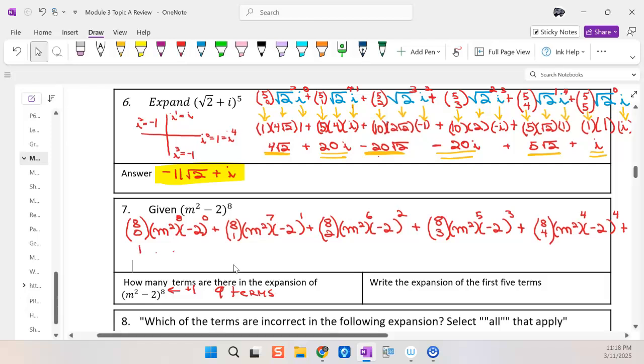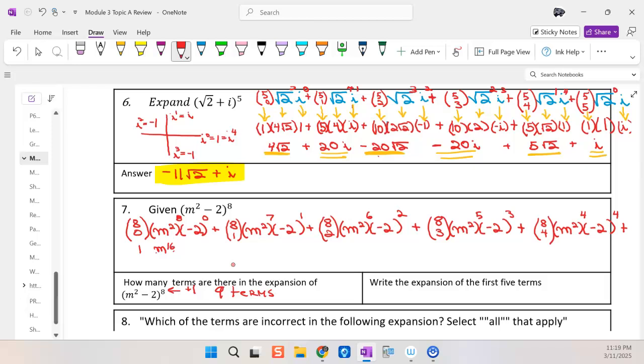Now m squared to the 8th, we multiply those two and we end up with m to the 16th. Negative 2 to the 0 is 1. So there's my first term, which is just m^16 plus, okay, 8 choose 1 is 8. This is going to be m to the 14th times negative 2. So that's going to be negative 16m^14.